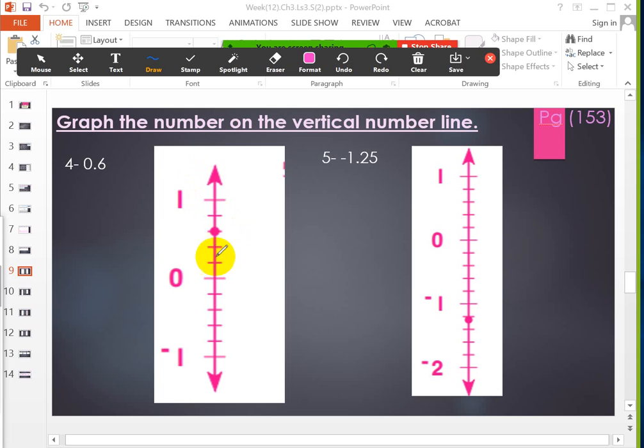Okay, I have to divide the distance between 0 and 1 here into 1, 2, 3, 4, 5 if you want.